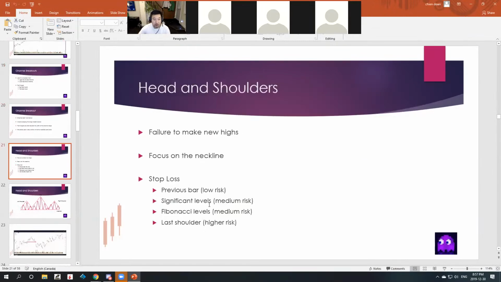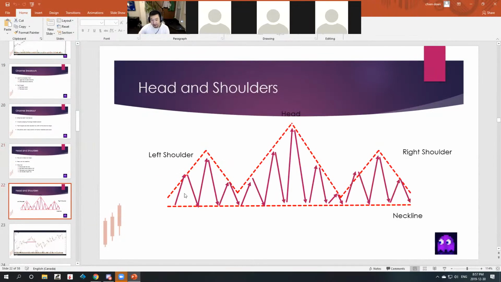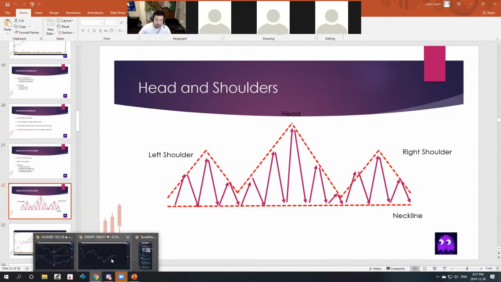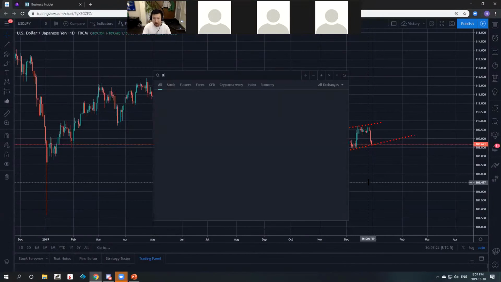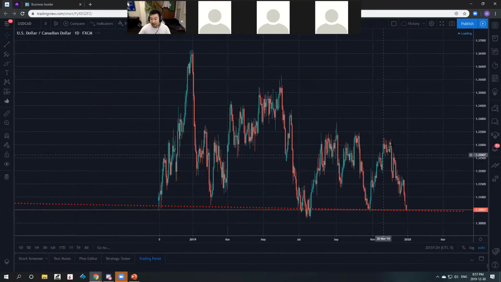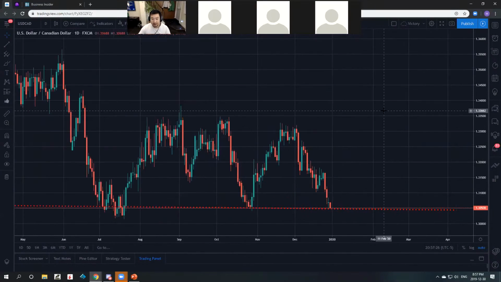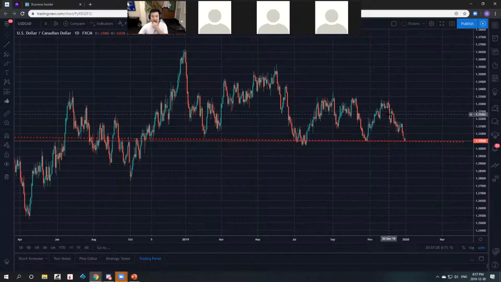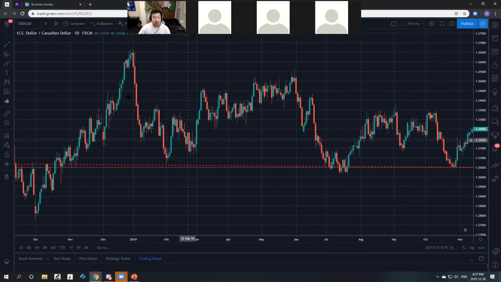So head and shoulder patterns, again, they typically look like this. As I've mentioned, it's a reversal pattern in the markets. It's basically showing you that the market is going to reverse, right? And we had a couple of these head and shoulder patterns showing up in the markets very recently. I forgot which one specifically, but you can see there's a very distinct one right here.